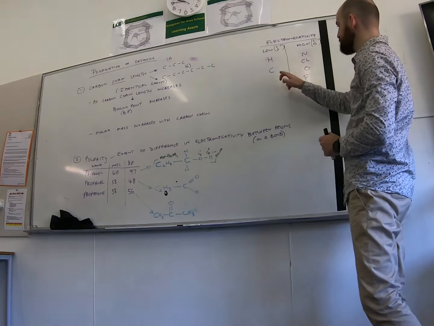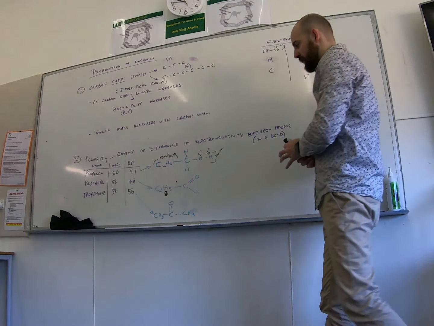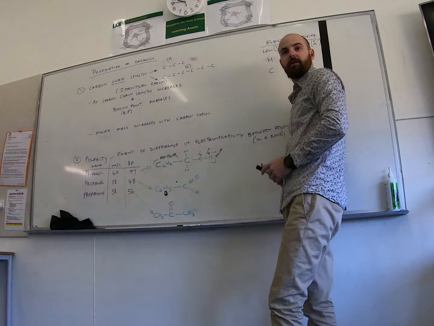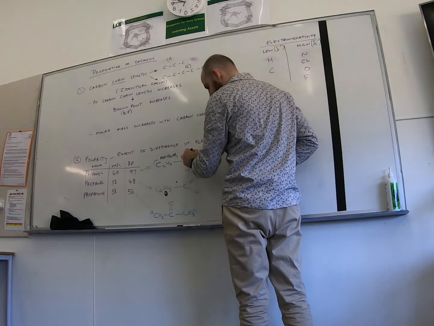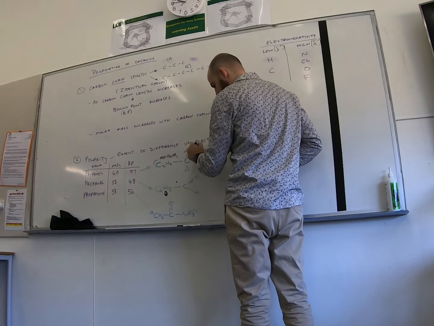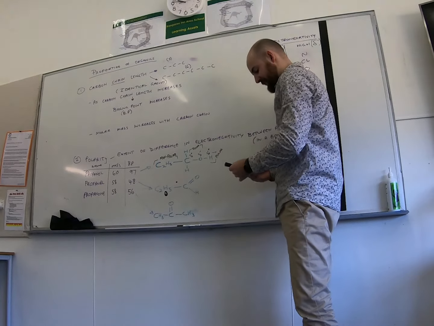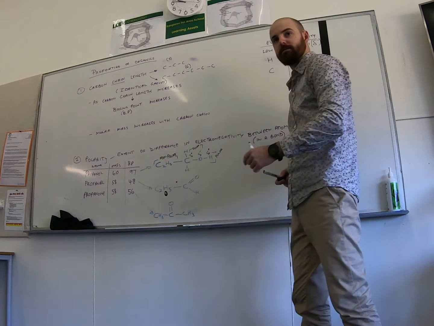Also, what about this difference between carbon and oxygen? We've got a carbon-oxygen bond there. So we can also have a little bit of polarity here too. Okay, look at the next one. We've got a CH bond here, no good.